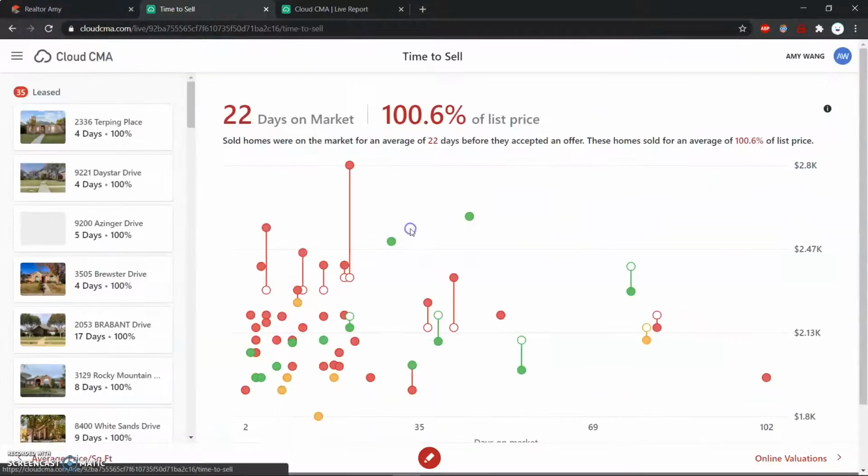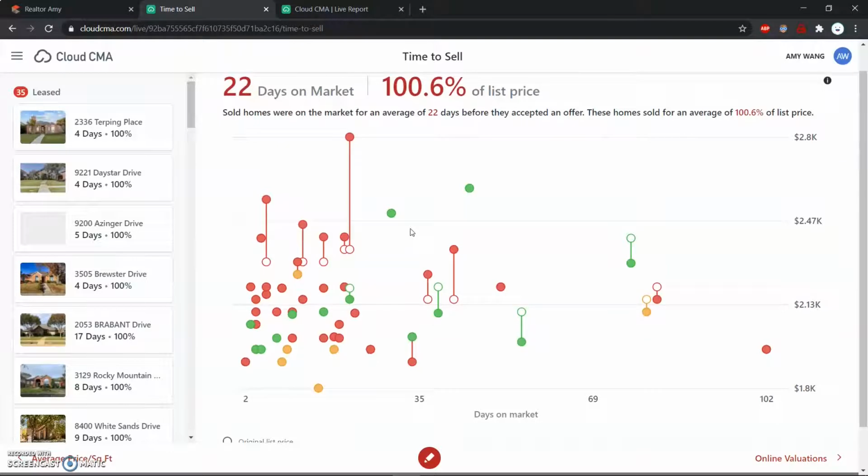Also, this is the time to sell. Well, in this case, it's the time to rent. You can see that most properties can be rented within 30 days, and it gives you a result that 22 days on market is the average days to sell or to rent in the lease market, compared to all the houses in the CMA. Sometimes the listing price is a little different from the close price.